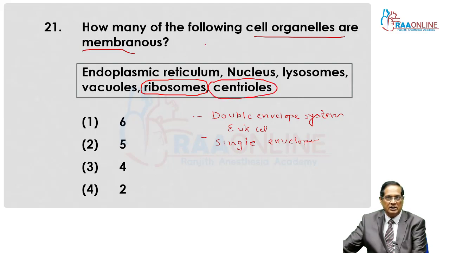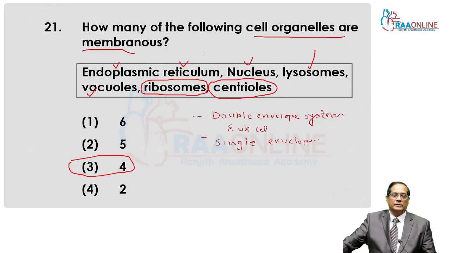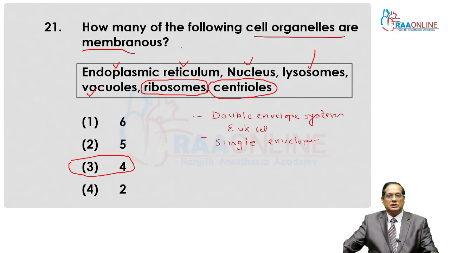So the question is, how many cell organelles are membranous? Count this: 1, 2, 3 and 4. So the final answer: membrane bound cell organelles are 4 and non-membranous 2.